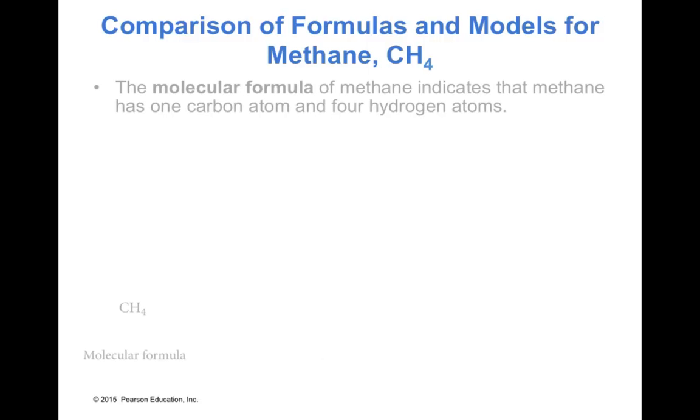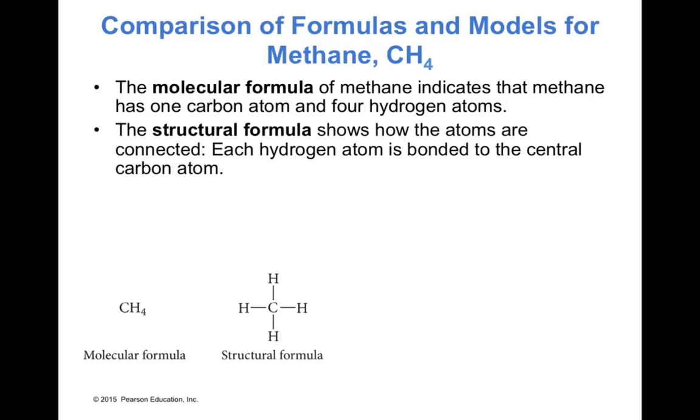The molecular formula of methane indicates that methane has one carbon atom and four hydrogen atoms. So this is the molecular formula, the one that gives us the information about the ratio between the atoms that form a specific molecule or compound. The structural formula shows how the atoms are connected.